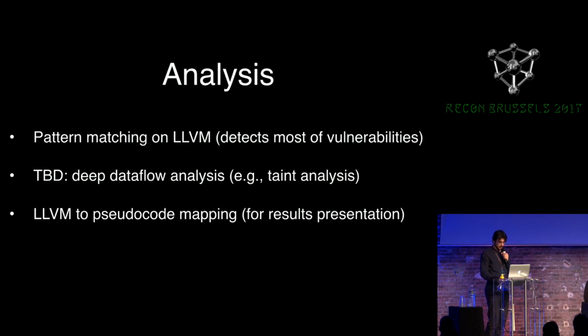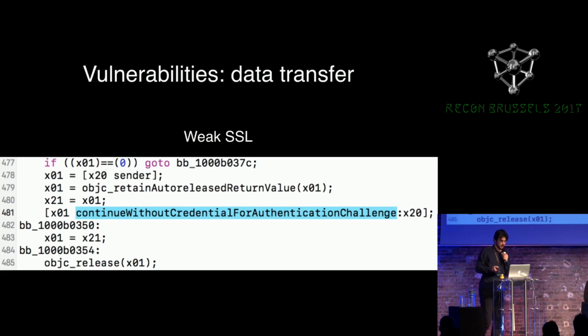So let's discuss vulnerabilities we can detect now. First of all, iOS applications can transfer some sensitive and security-critical information via non-protected connections, and it makes the application vulnerable to man-in-the-middle attack.